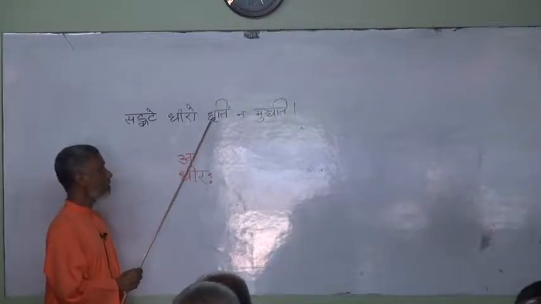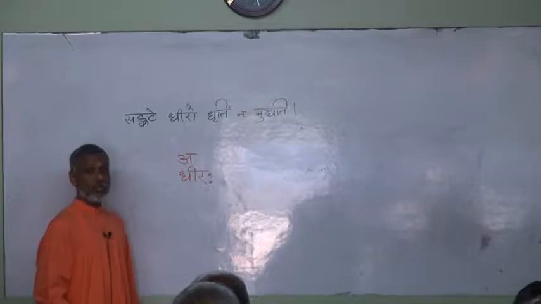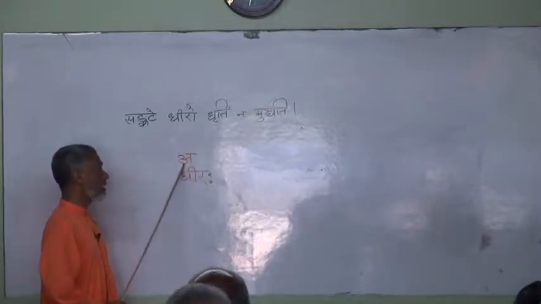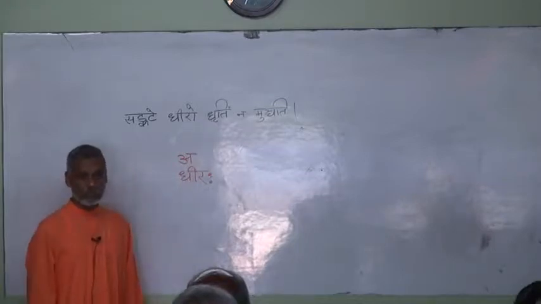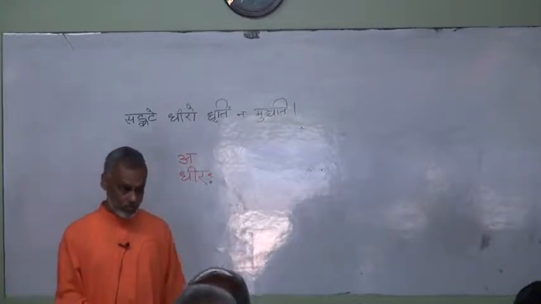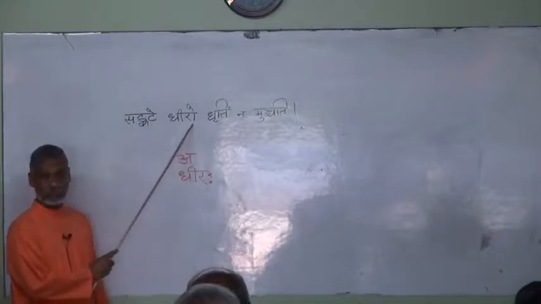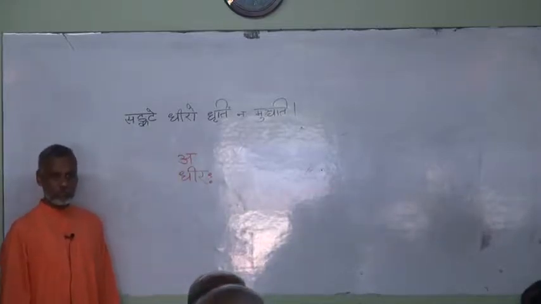So this dhi is soft or hard? Soft. So now you look in your chart, preceded by a and followed by a soft consonant, change to O. See? That is how you get this O.